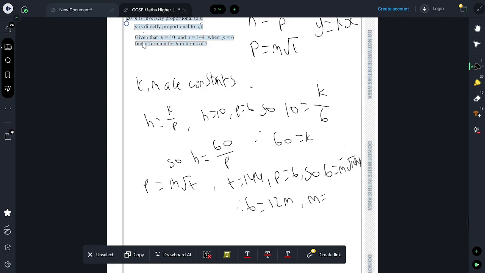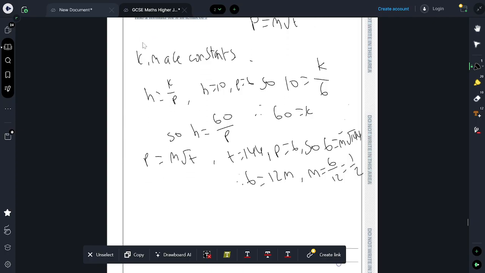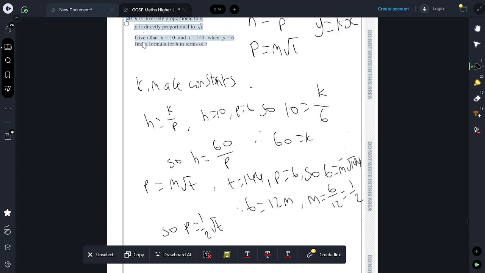So that means m is 6 over 12, which is a half. That means then that p is a half root t, or 0.5 times root t, however you want to word it, but I like fractions.